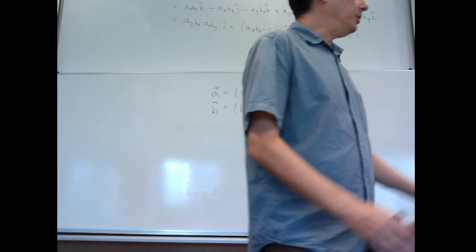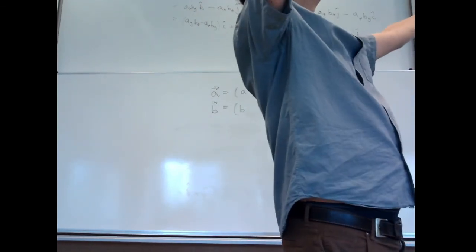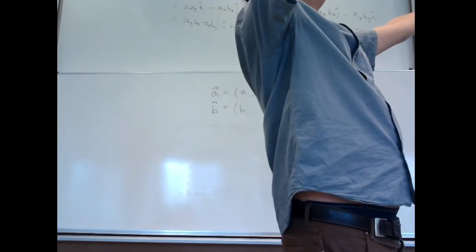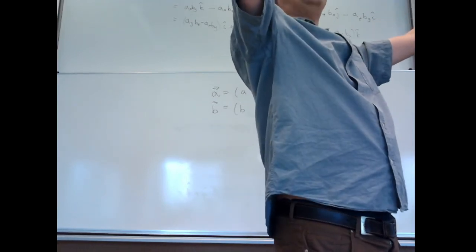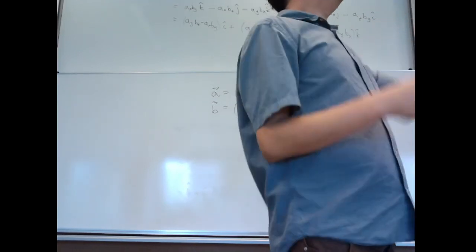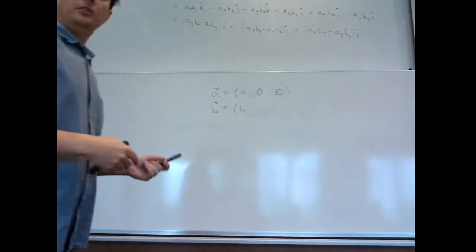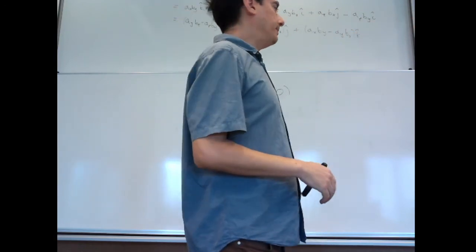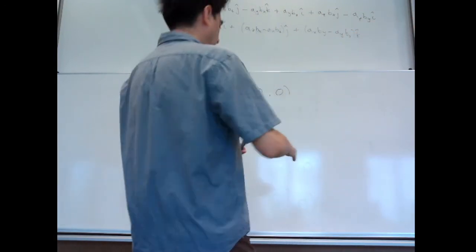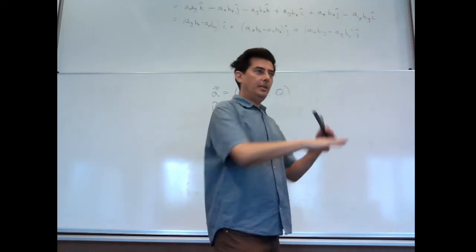So imagine if you take any two vectors in space, right? So just point them like this. You can always draw a plane through those two vectors, and so there's always some direction which is going to be orthogonal to both of those two vectors, because you just have a plane in three-dimensional space.